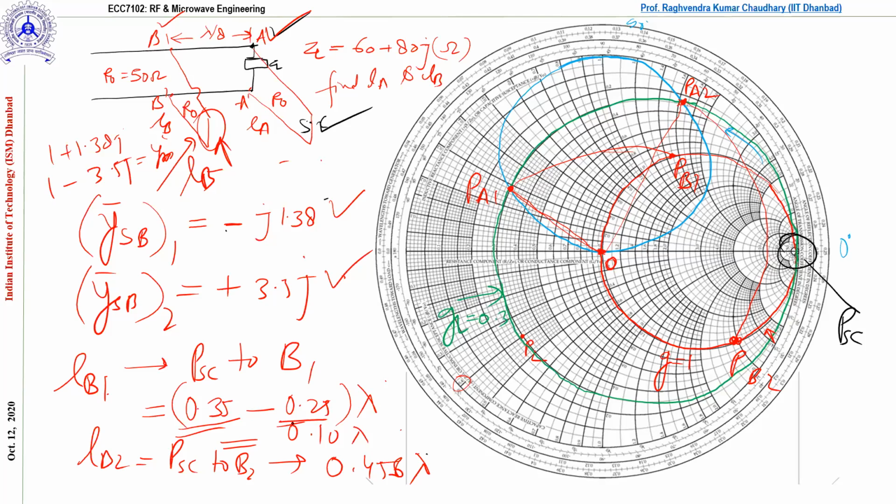You need to mark it properly over the Smith chart. Once you have the point, you know where you are moving, going from short circuit to point A, or short circuit to point B. So on the basis of the situation, you have to subtract or add, and you will get the correct length.